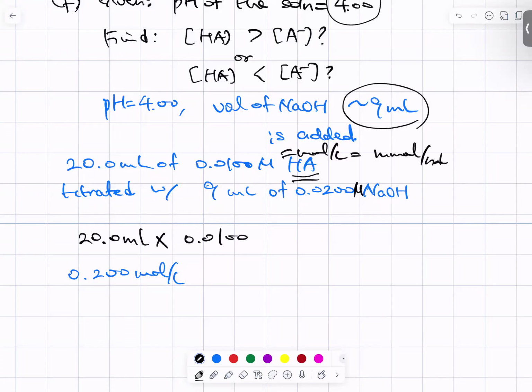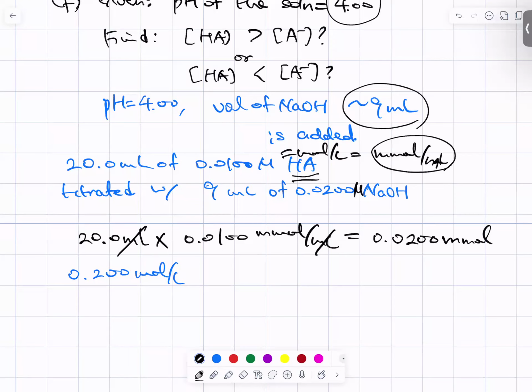So for titration, we are using small quantity in our lab scale. So then it is useful to write the moles per liter as millimoles per milliliter. So then milliliter cancels out. This is 0.02 millimoles. So initially we have 0.02 millimoles of salicylic acid present.